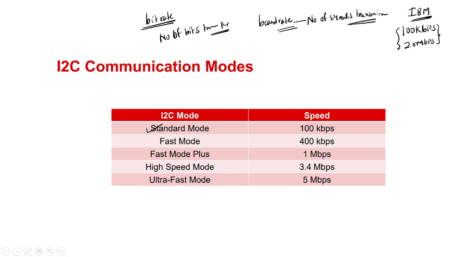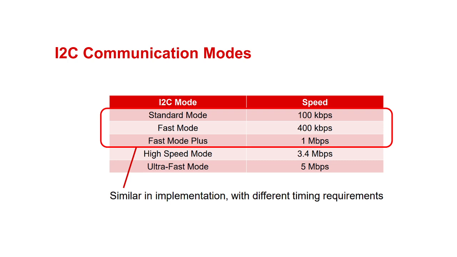Same like that, in I2C you have a speed. Standard mode is 100 kbps, fast mode is 400 kbps, and fast mode plus is 1 mbps. High speed mode is 3.4 mbps. Ultra fast mode is 5 mbps. Standard mode, fast mode, and fast mode plus are similar implementations with different timing requirements.